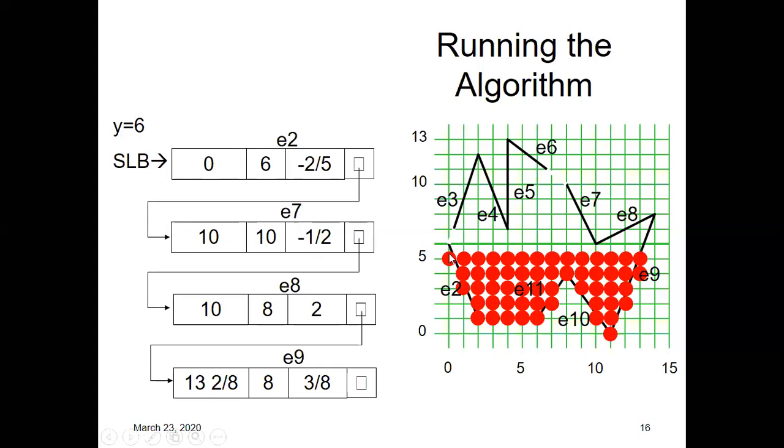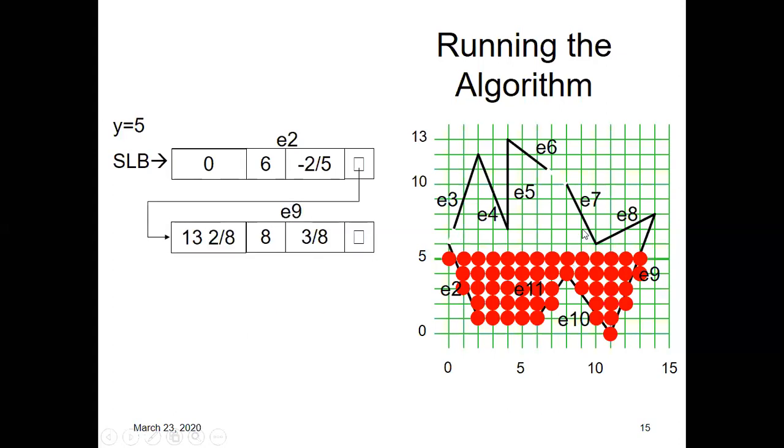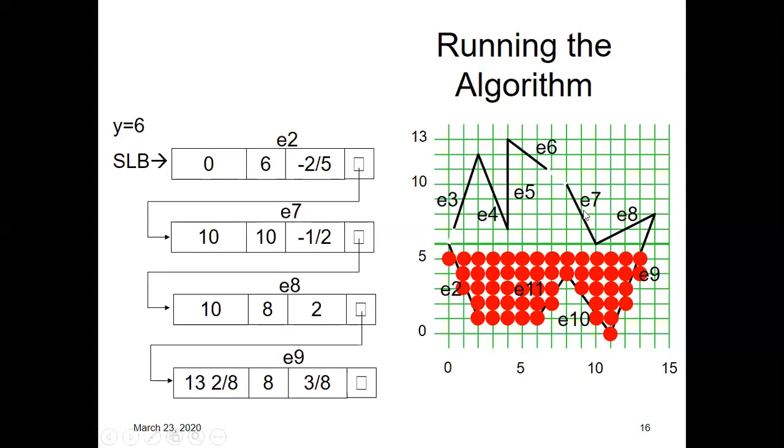So in y is equal to 6, you can see in y is equal to 5, I have E2, E9. In y is equal to 7, I get new edges called E7 and E8. So E2 and E9, the first one and the last one, have been updated already.